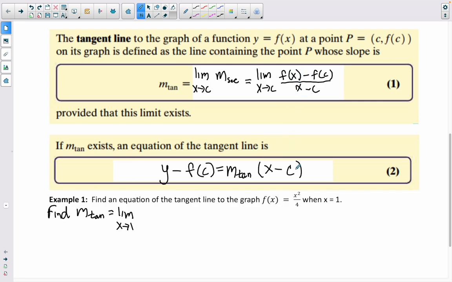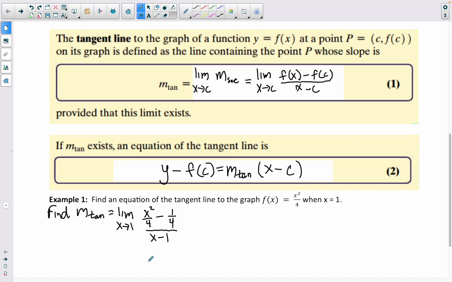And so f of x is x squared over 4 minus f of c. F of c is the output of plugging in 1. So f of 1 is 1/4, all over x minus 1. And again, you see here, if you plug in the 1, you get a 0 over 0.